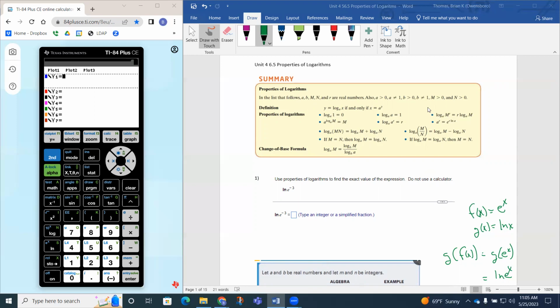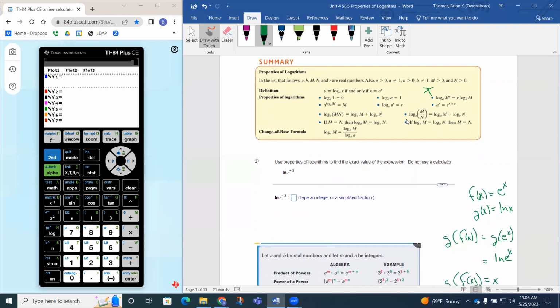This property becomes rather popular for us: if what we're taking the log of is raised to a power, that power can come out as a coefficient or a factor, if you will. It's going to be multiplied out in front. Some of these properties are coming from composite functions. If I look at these two properties here, they're going to be created by composite functions. So enough said for the time being.